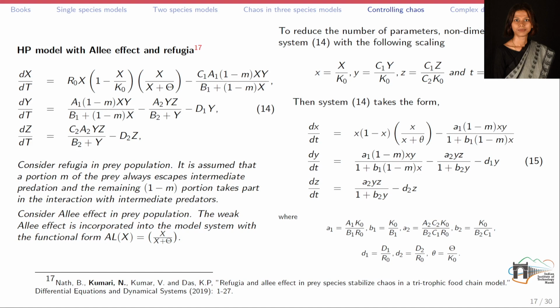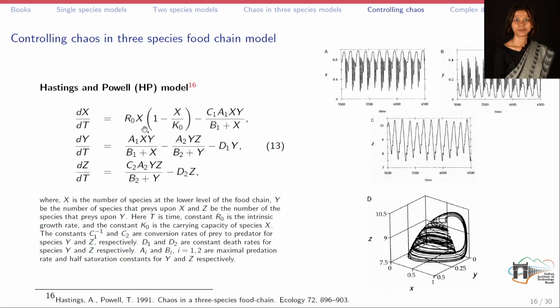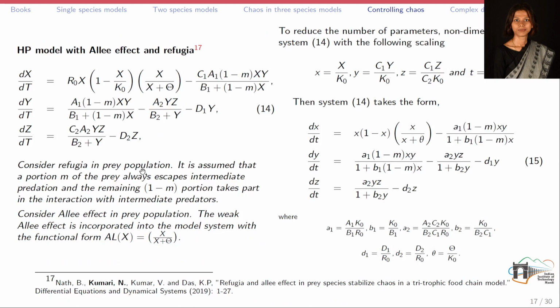That is done using the pattern study of these populations into consideration. So in this particular mathematical model that we have considered, the basic structure is of Hastings-Powell type, and what we have done is that we have introduced refugia and Allee effect in this mathematical model.